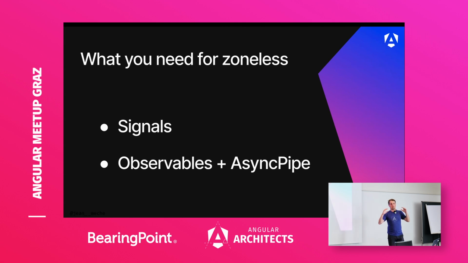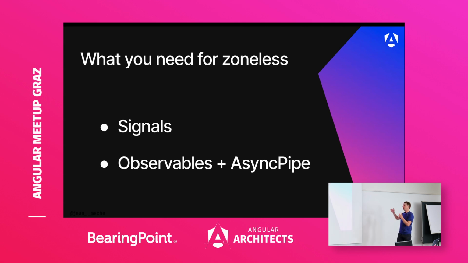So these are the basics you need to know. And with this, you already see that it's not possible to have a migration that says, okay, take my application and make it zoneless in an update. This is complicated because you need to have either one of them, and it's complicated to have an automatic migration.